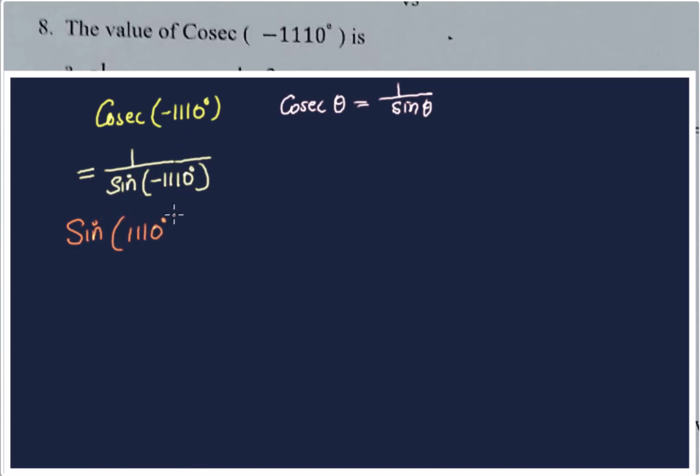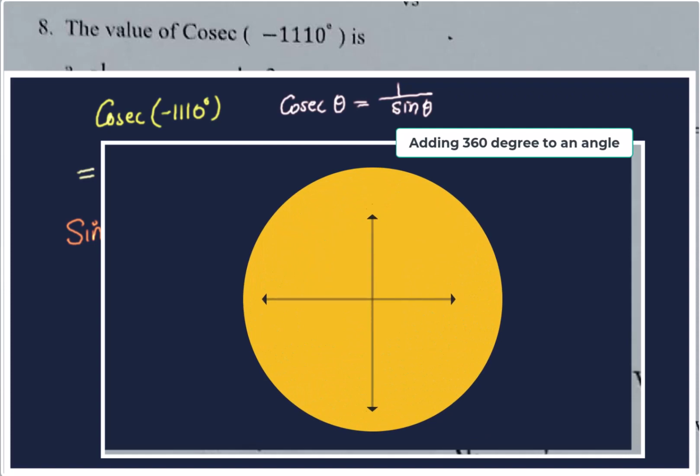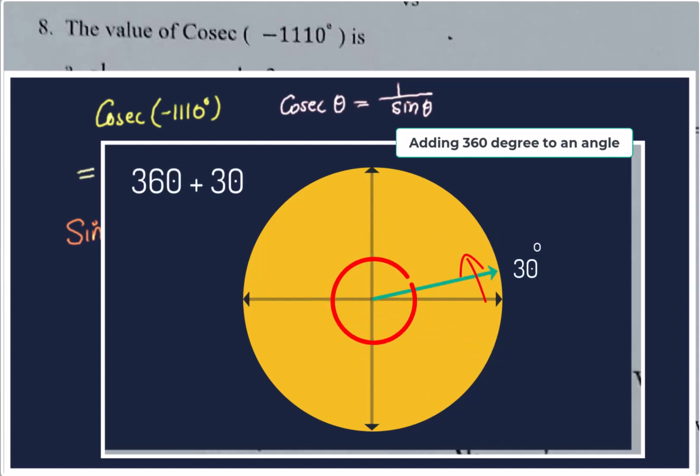It can be written as sine of 3 times 360 plus 30, expressing it as a multiple of 360. Addition of 360 degrees to 30 degrees implies moving a point at an angle of 30 degrees through one complete rotation, which actually brings the point back to the same position, that is at 30 degrees.